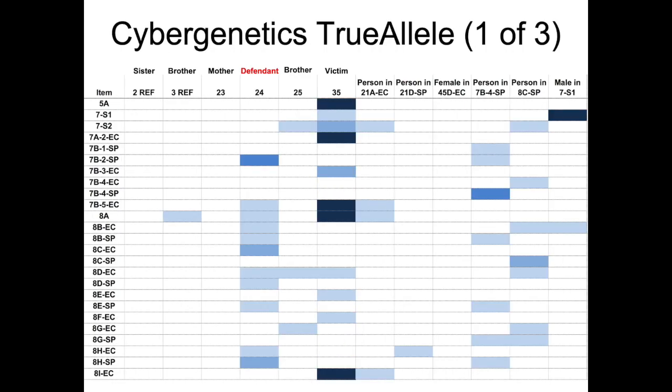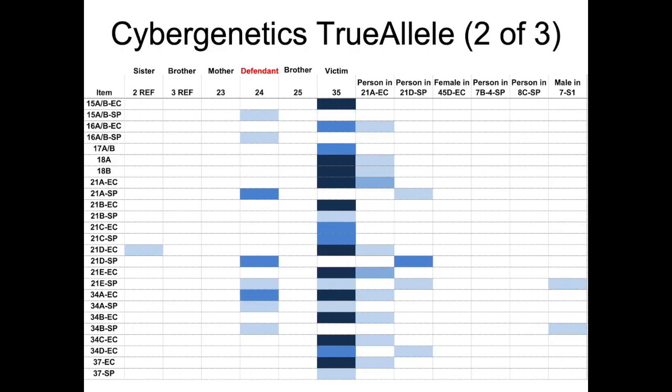Cybergenetics' untargeted computer analysis shows a completely different story. The match associations light up the match table, showing DNA connections between the evidence items and other known individuals as well as unknown individuals. Continuing with the next batch of 25, we again see that the computer found more match results than the crime lab could.